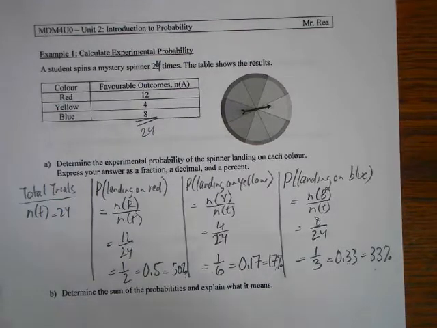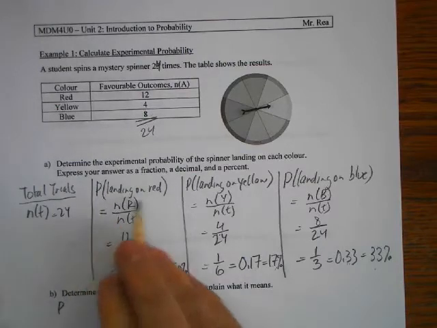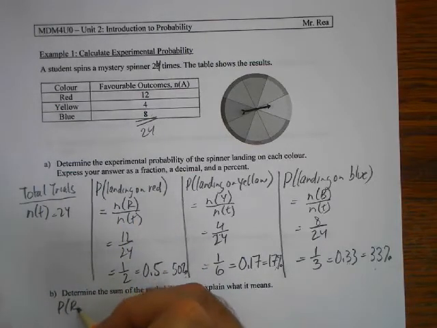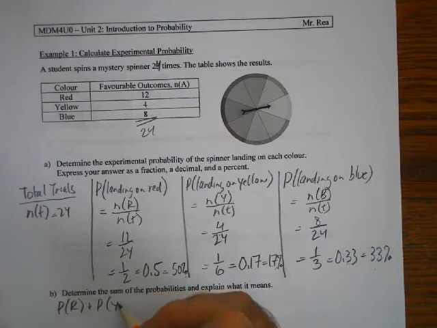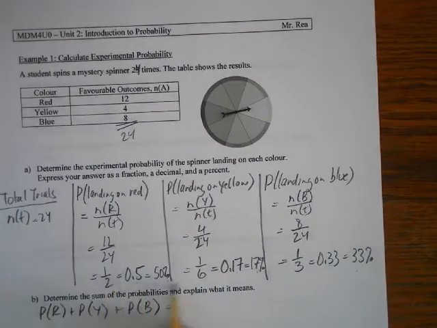So I'm basically going to add up the probability of red plus the probability of yellow plus the probability of landing on blue. Now I'm going to use the fractions because the fractions are exact.